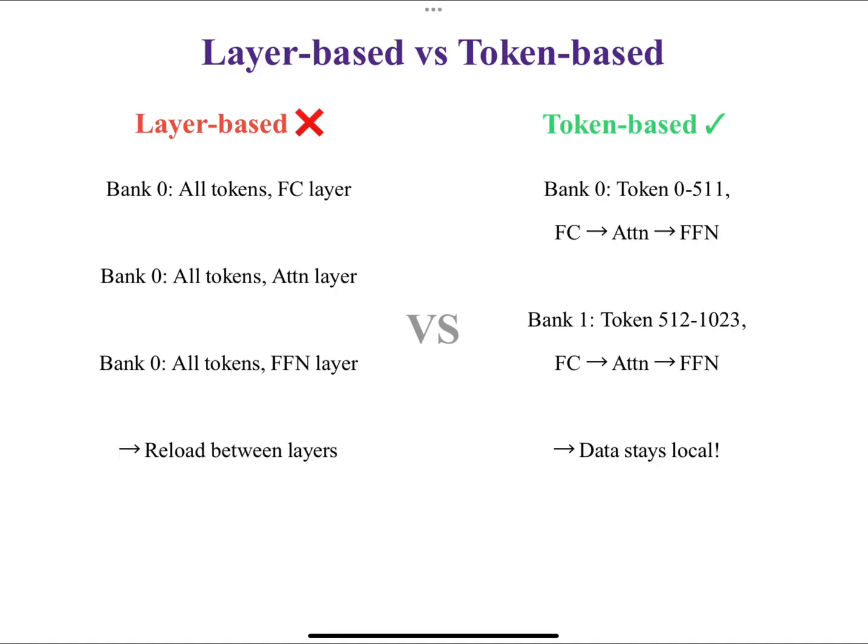Bank 1 handles tokens 512 to 1023 and so on. The data stays local. You can think of layer-based as an assembly line with constant handoffs. Token-based is like one worker completing the entire task. It's simply more efficient.